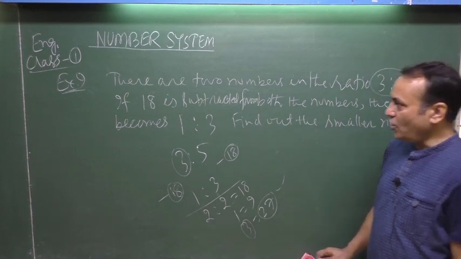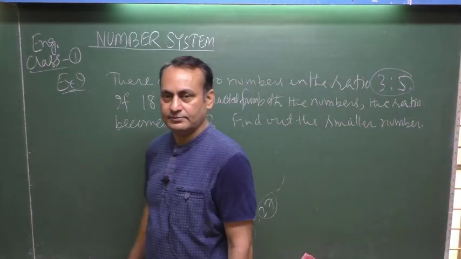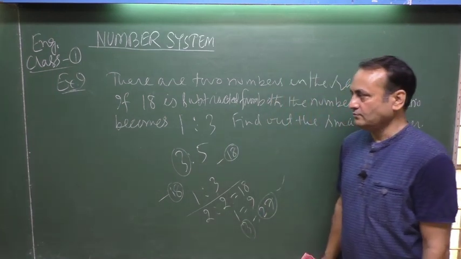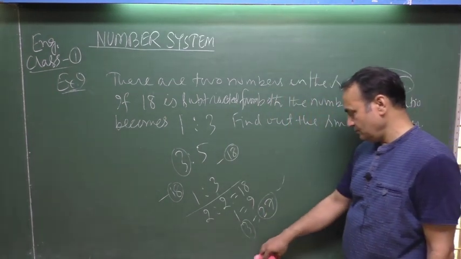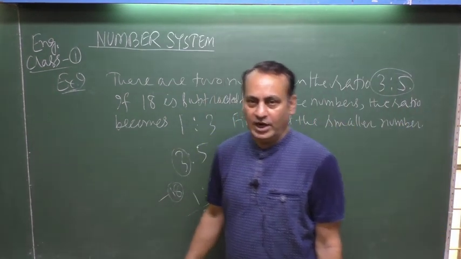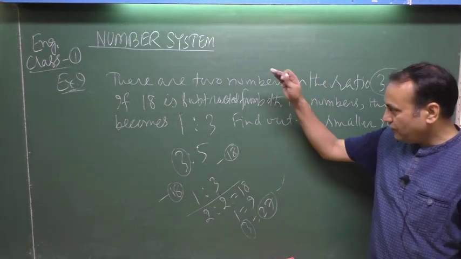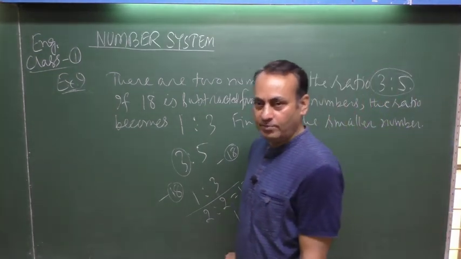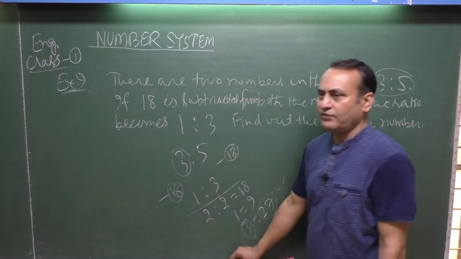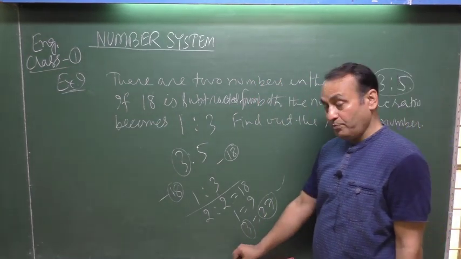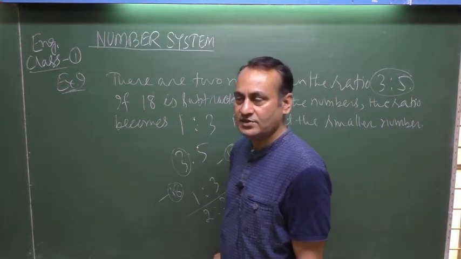These are a glimpse of the number system. Wherever you are, just follow these questions dictated by me. There will be a PDF. All the questions will be solved from the PDF as well, for the full syllabus.